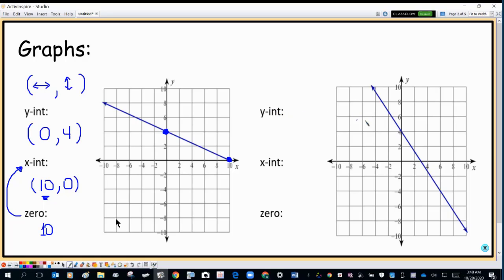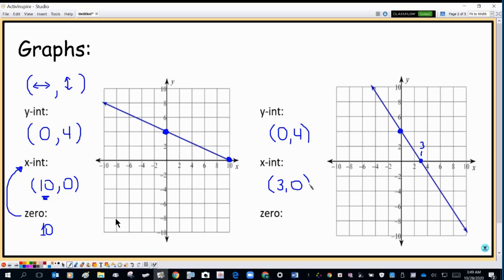Here we have a graph, and we're going to find the y-intercept. So again, the y-intercept here is 4. So we're going to write the coordinates (0, 4). For the x-intercept, the point is right there between 2 and 4. So that means that's the number 3.